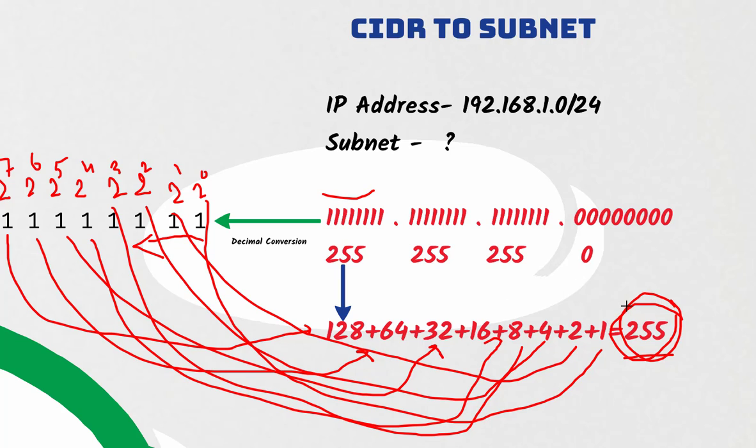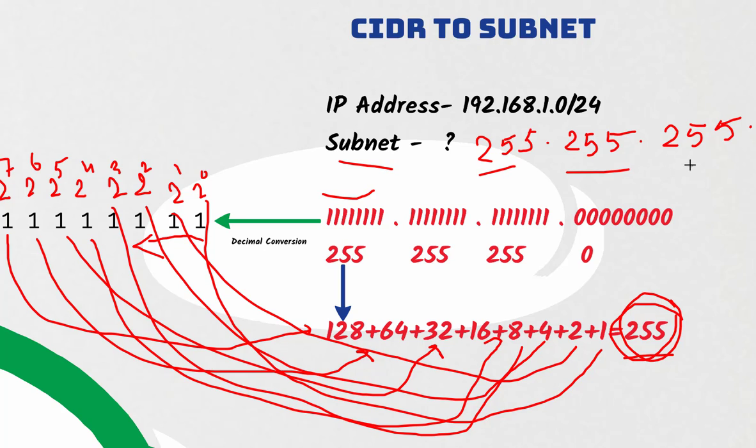So what would be my subnet mask? It would be 255.255.255.0.